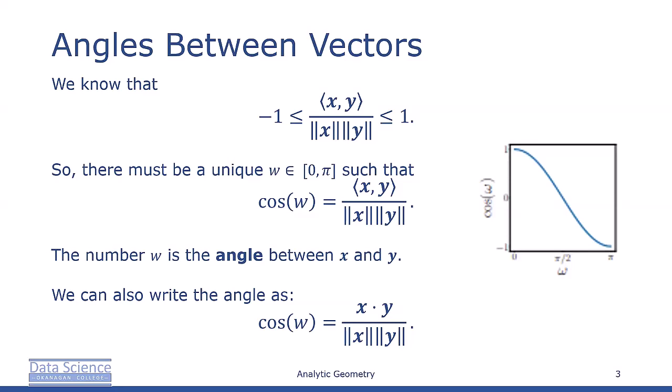If you look at the diagram on the right, we can see that there's a unique value w between 0 and pi, so that cosine w is always equal to that quotient of the inner product over the norms. That number w is then the angle between the vectors x and y.